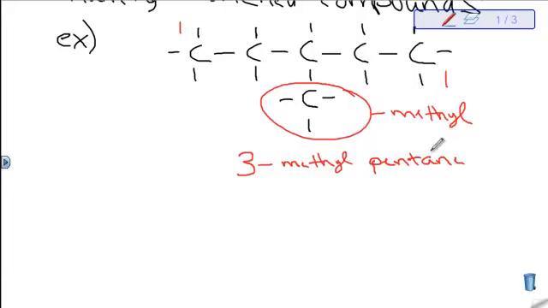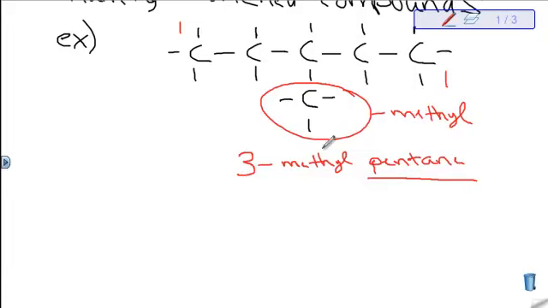So take a moment there to think that through. 3-methylpentane. Here is the prefix of the longest chain. Here is the suffix of the chemical group, just like before. Here is the location of the attachment or functional group, and this is the identity of the functional group.